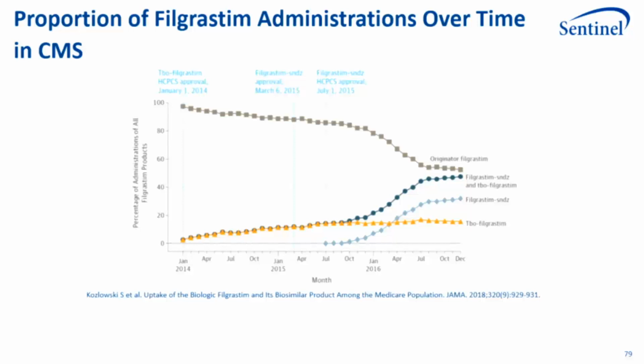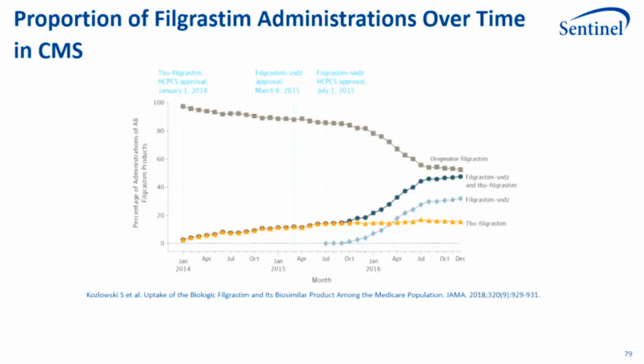And you can see the 2 biosimilars here, each one individually, and then the 2 biosimilars combined. I would just note the time frame here is 2014 to the end of 2016, so it's different than our query period. But the question for FDA was, do we see similar trends like this? We would expect to.